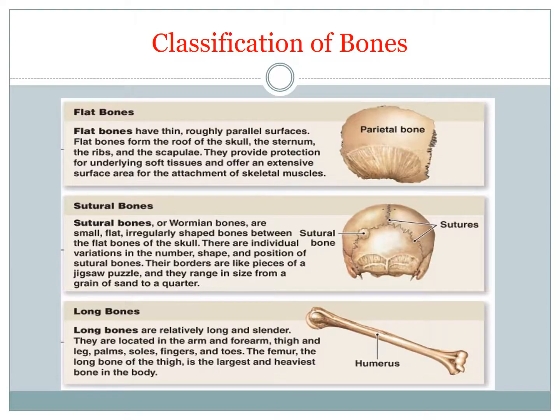And here you can see some of the examples of classifications of bones. Flat bones, like the parietal bone in the skull. Sutural bones, like the sutures of the skull. The humerus is an example of a long bone.